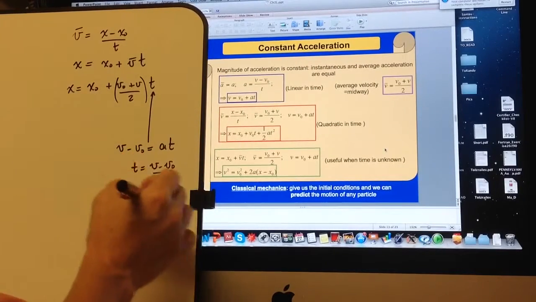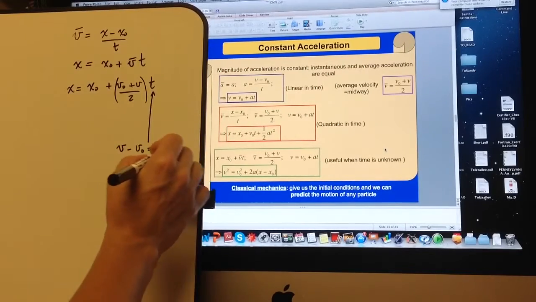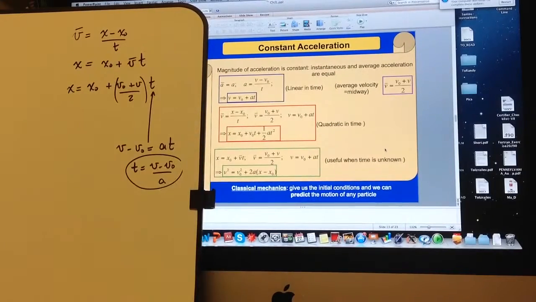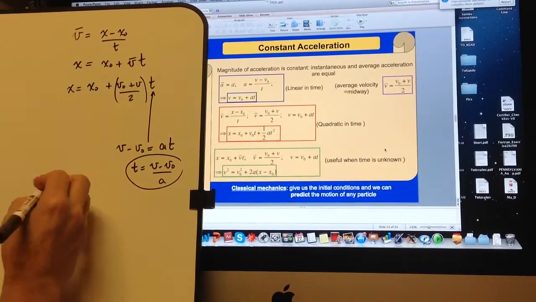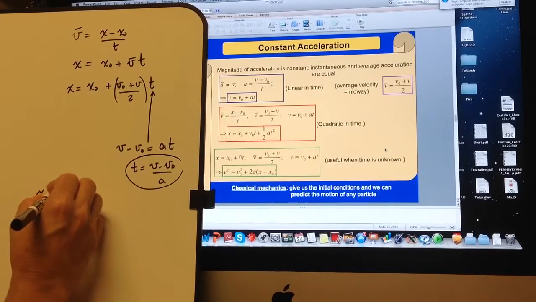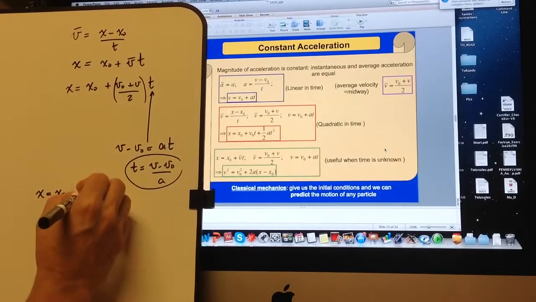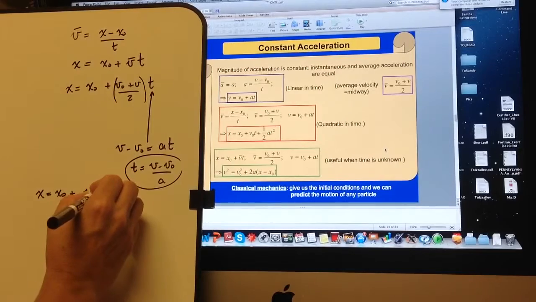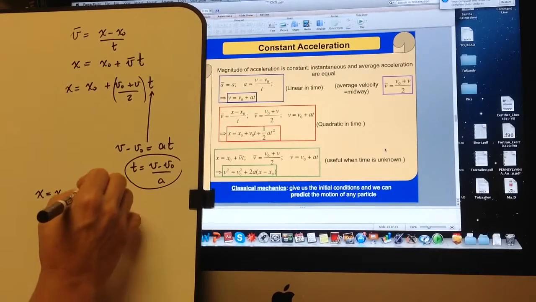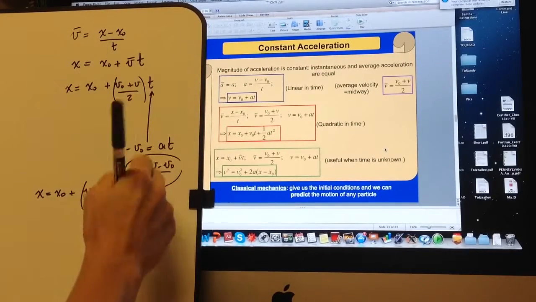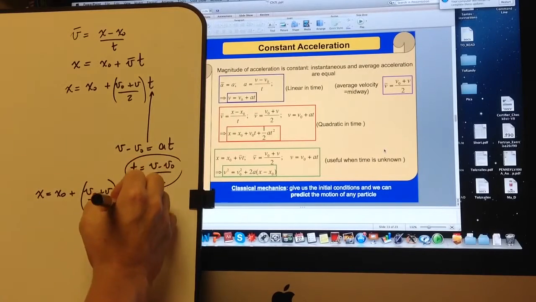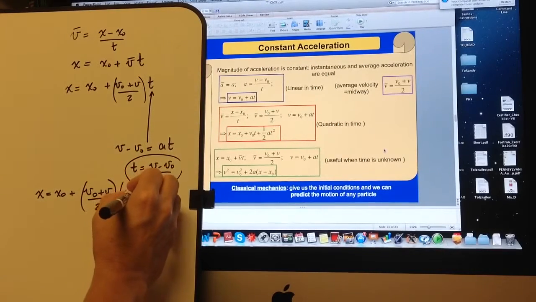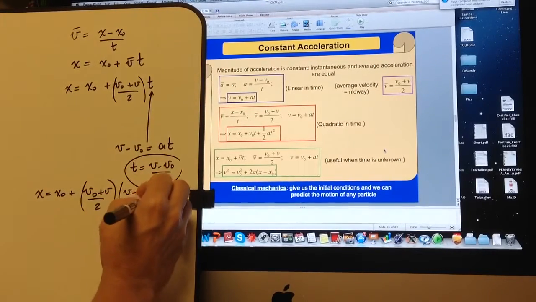So you see I'm isolating the time, and then I'll put this into this equation. So now I have x is equal to x naught plus v naught plus v divided by 2, and time is this one, which I can write as v minus v naught divided by a.